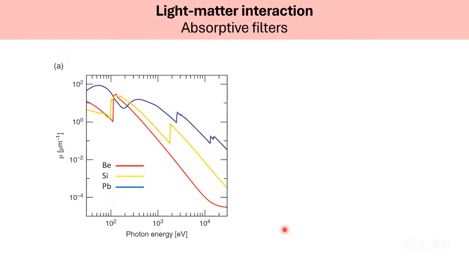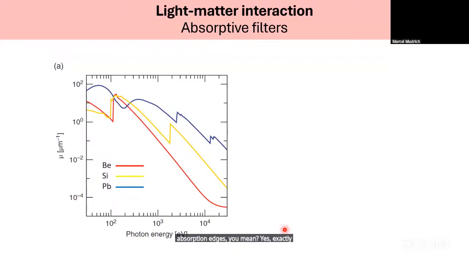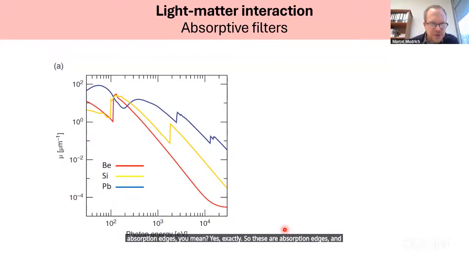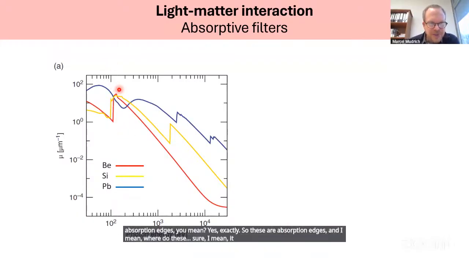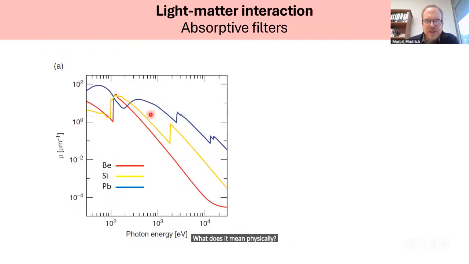Are they absorption edges? Yes, exactly. So these are absorption edges. It looks like an edge, but what does it mean physically? What's happening in the material at these edges?